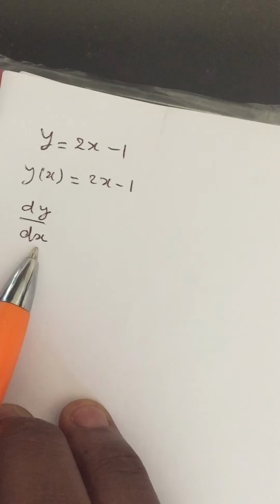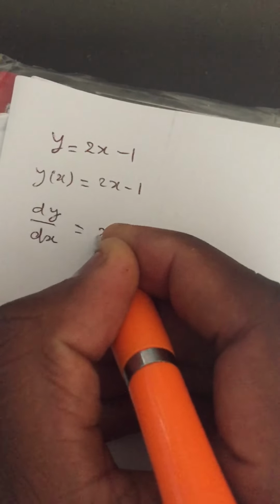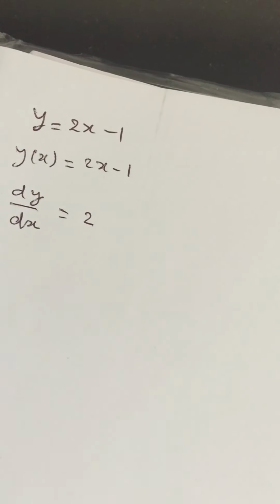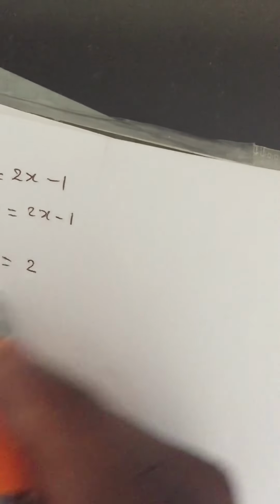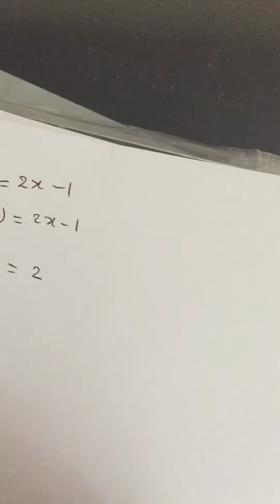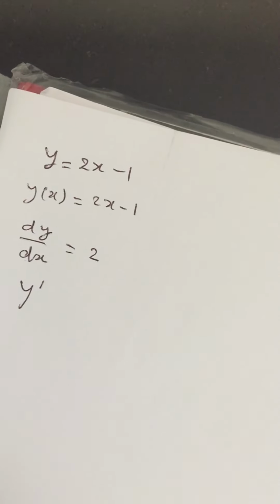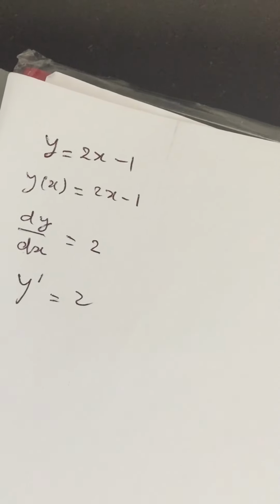Because the variable is x. So this will give you 2 only. And when you have a constant, the differentiation of a constant equals 0. Same thing applies here. dy over dx can also be written as y prime, right?